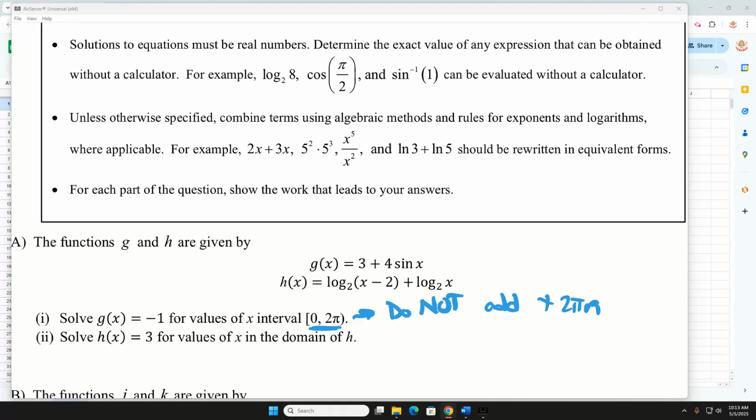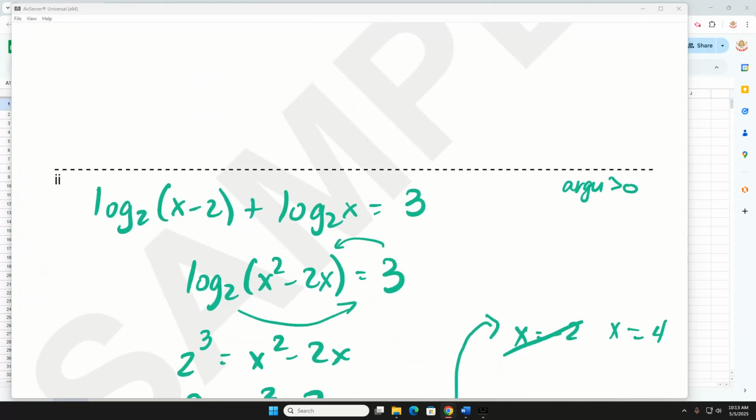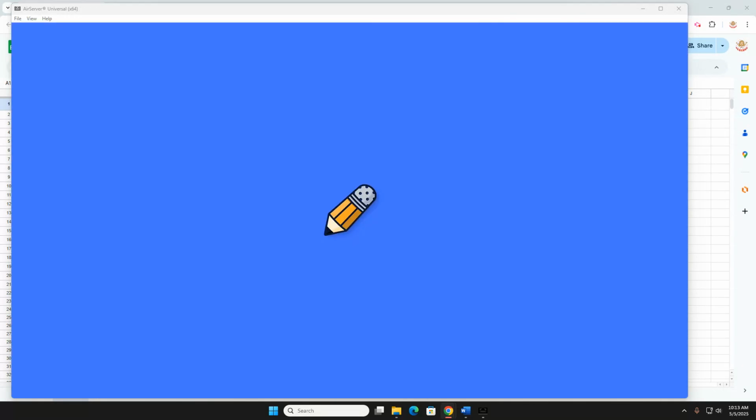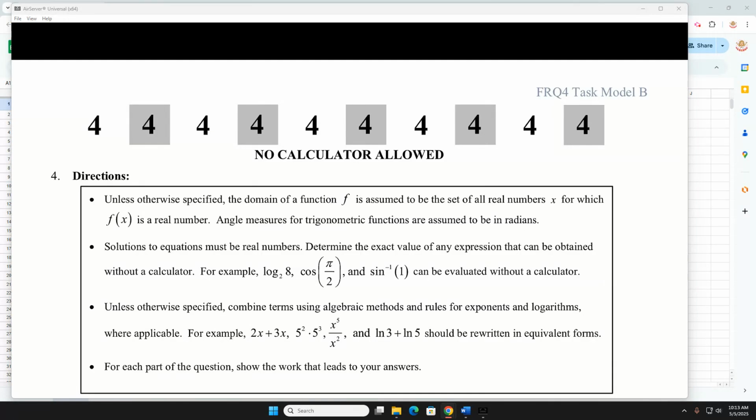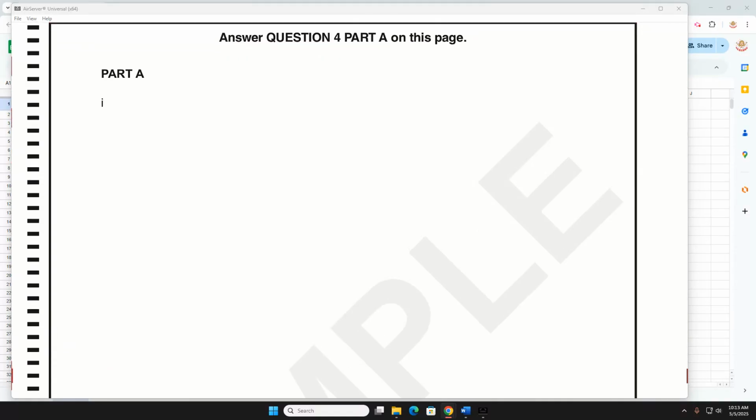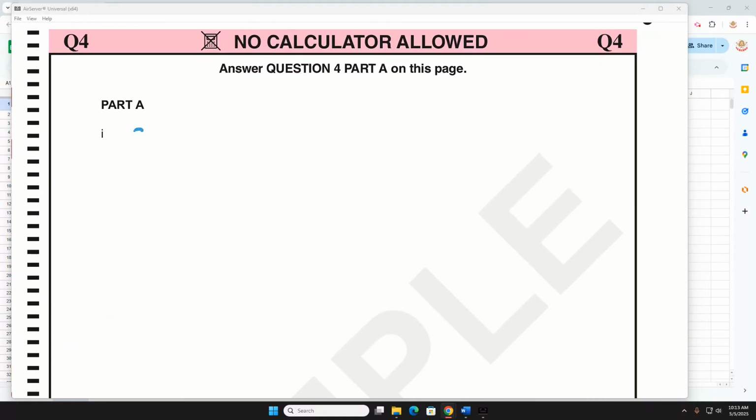Okay, so let's take 3 plus 4 sine of x and set it equal to negative 1.